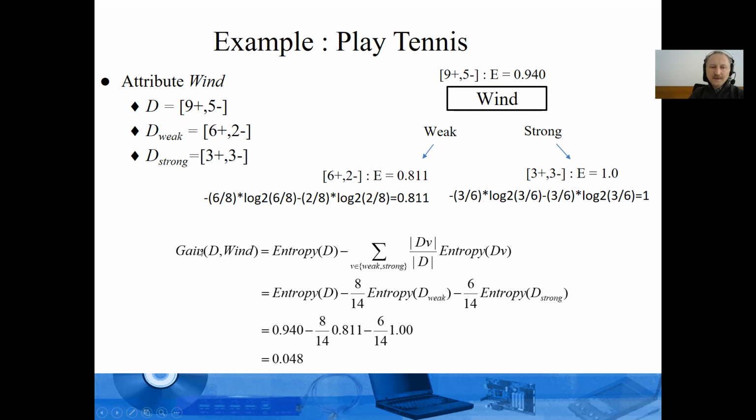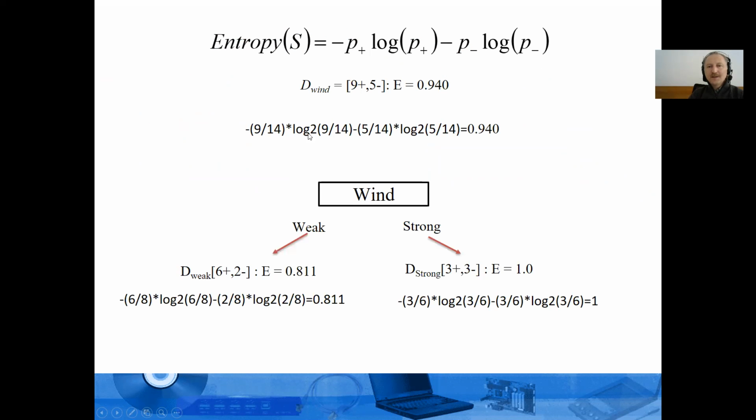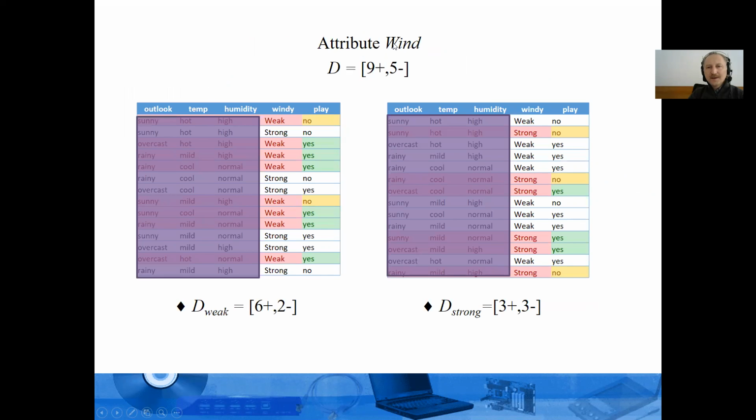In the gain, entropy D means for the whole set. Look at the whole set and wind: how many of them are yes? 1, 2, 3, 4, 5, 6, 7, 8, 9 yes.